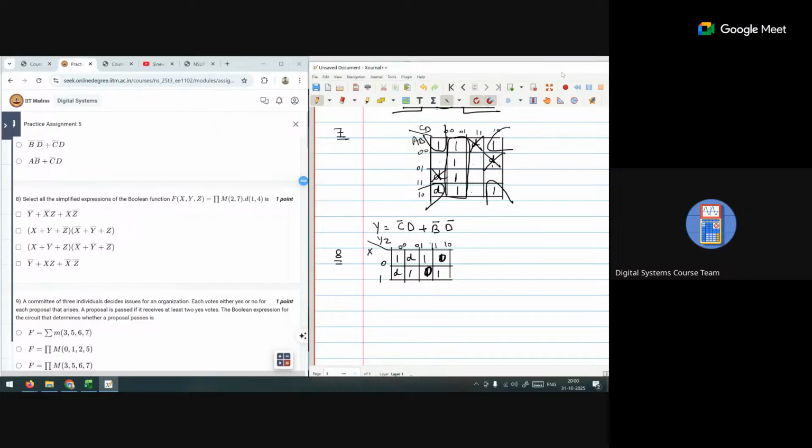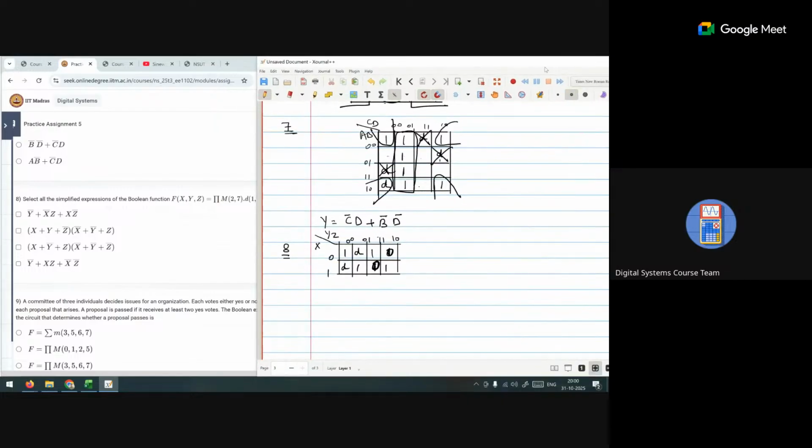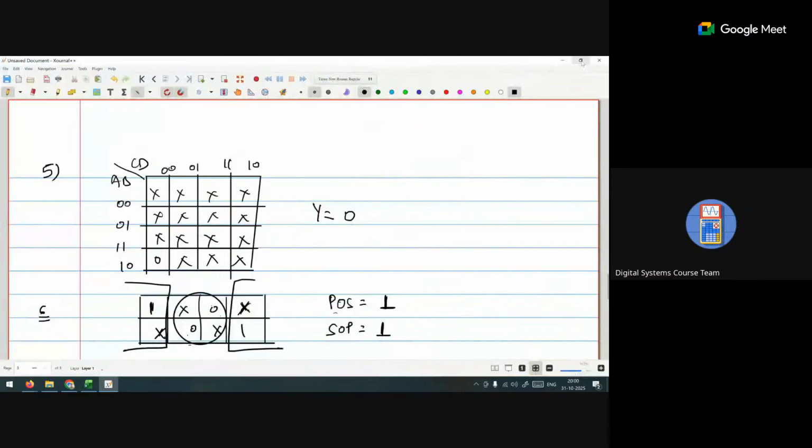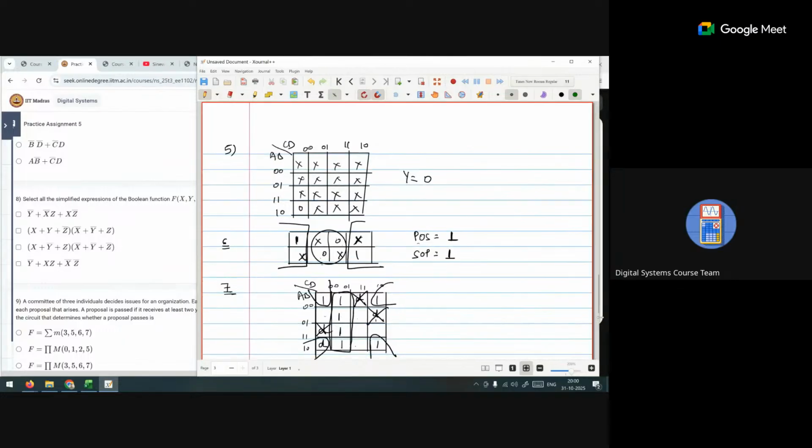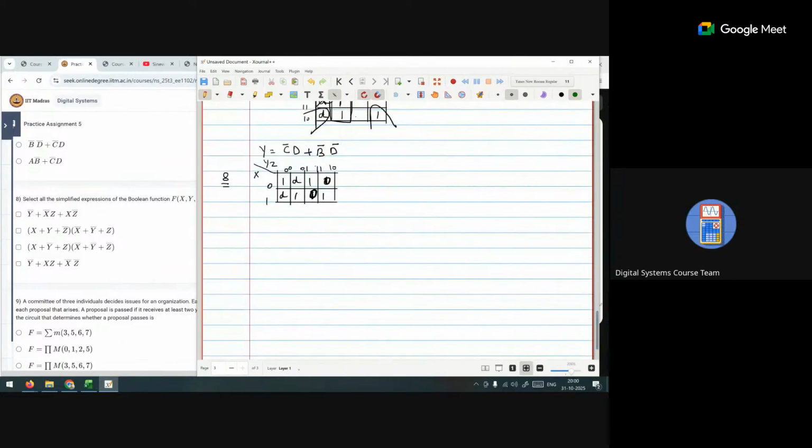If we are talking about the SOP, this is the one group, this is the second group and this is the third group.